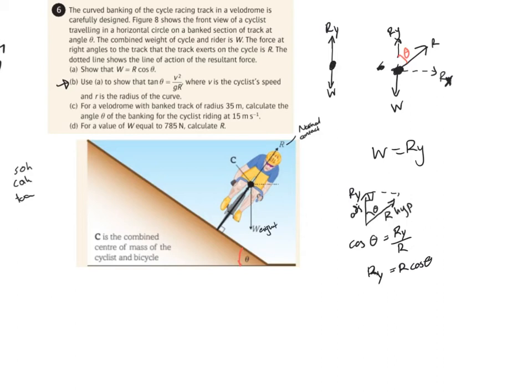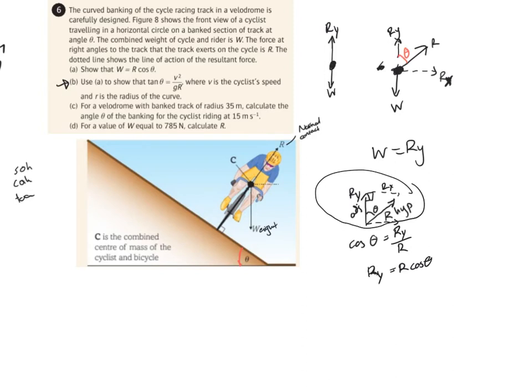So in this case, it's telling you to use A to show that tan theta is V squared over gR, where V is the cyclist speed and R is the radius of the curve. Now we analyzed the vertical component of the normal contact force. Now we need to look at the horizontal component. We already used this triangle here. So I need to find this component, which is Rx.